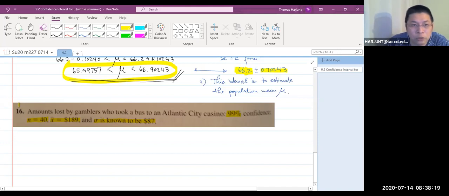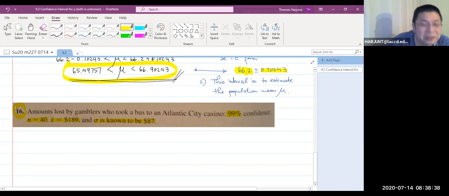Even though this seems to be a gambling situation, I want you to later see this from a business point of view. If you are, for example, the marketing manager of this casino, will you provide the bus?